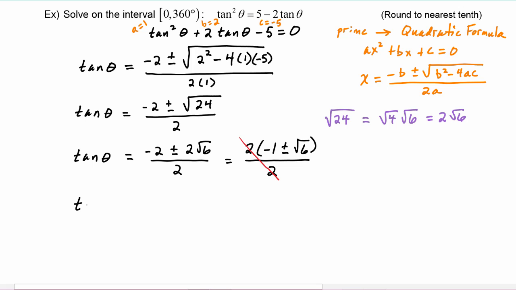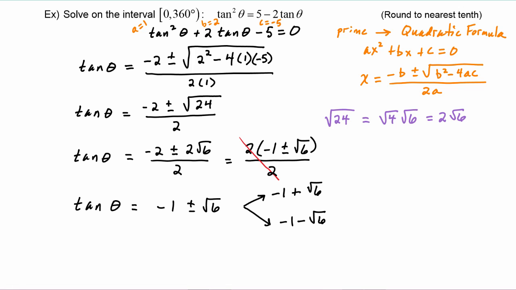So now we have tangent of theta is equal to -1 plus or minus radical 6. Remember now, this means that tangent theta is equal to 2 different values. One where we're going to add -1 and radical 6, and one where we're going to subtract -1 and radical 6.